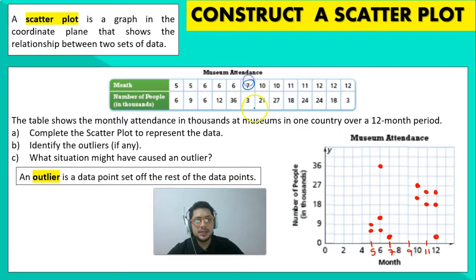For the value of 7, we have a low value of 3, which is this one, right? Then we have no values for 8, no values for 9, and for 10 we have 21 and 27. And then for 11 we have 18, which is here, and 24, which is around here. We also have 18 and 24 for 12, but we also have a score of 3.